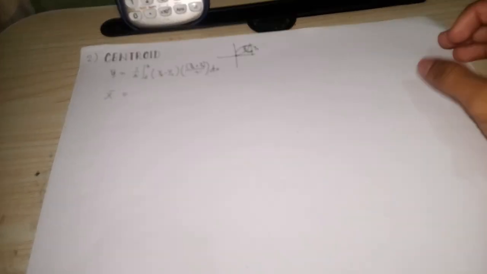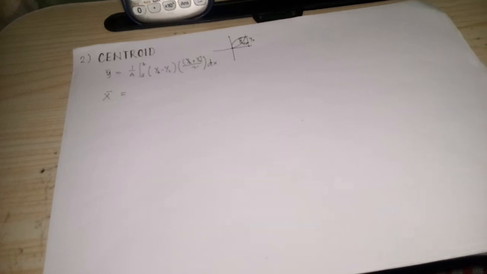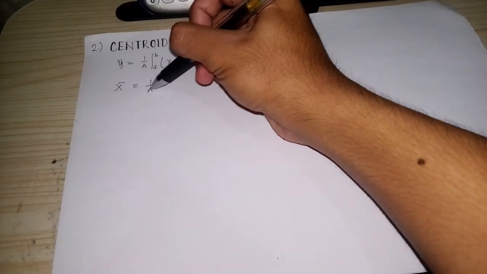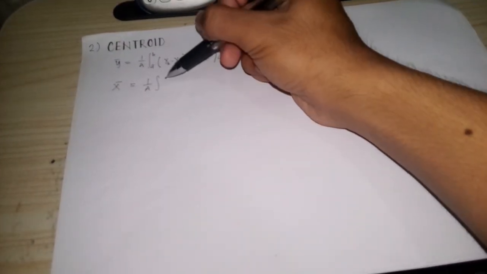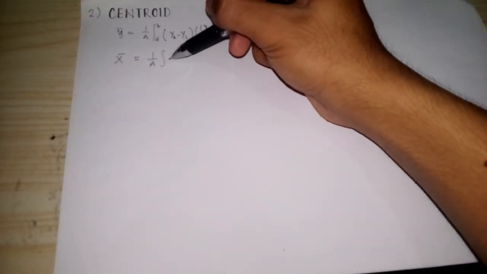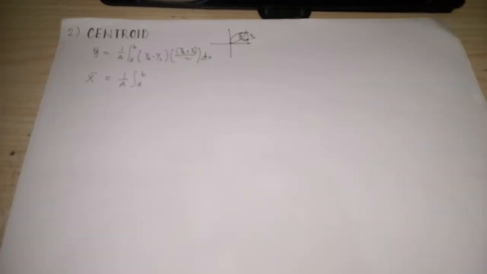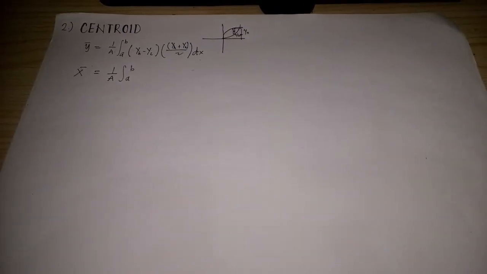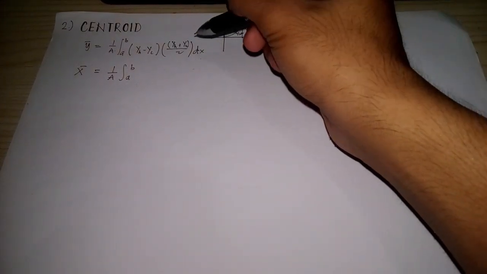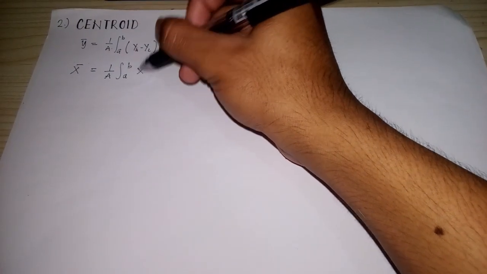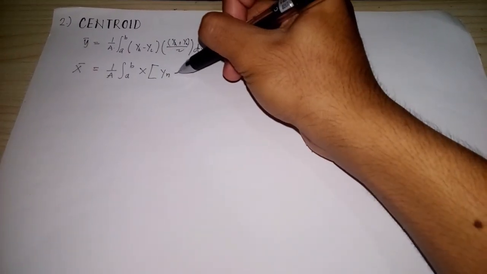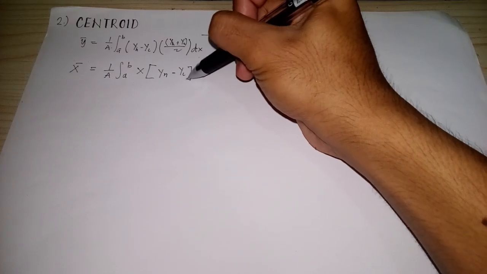So bar x is equal to 1 over A, the integral from a to b, times x times y high minus y low dx.